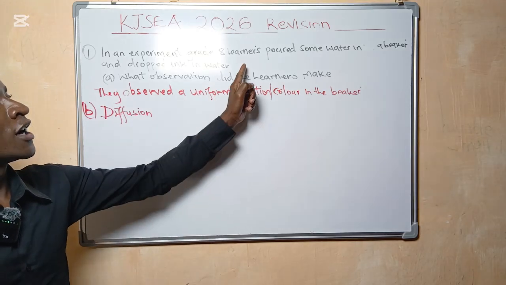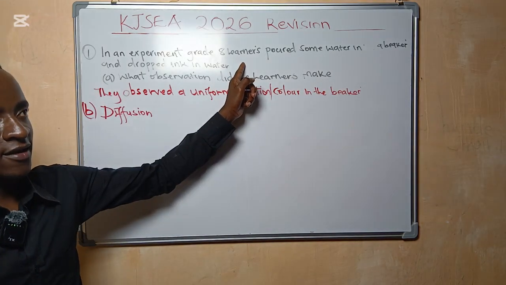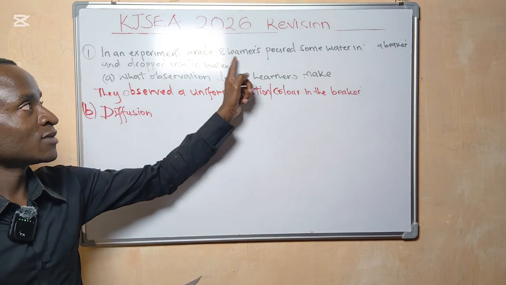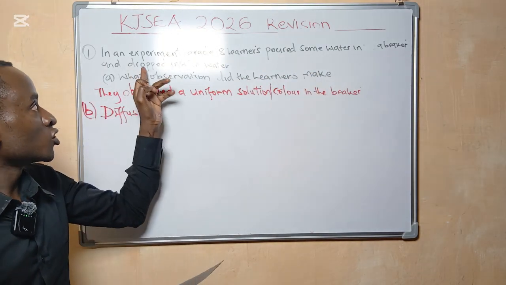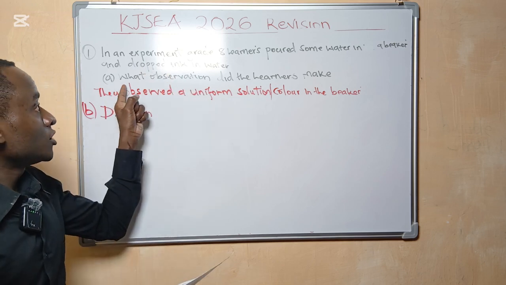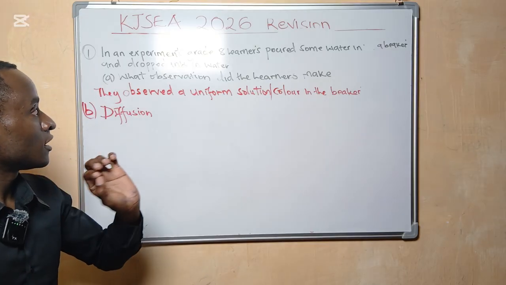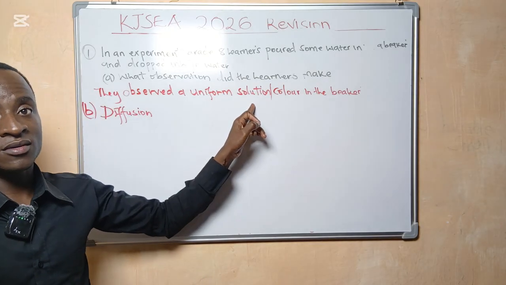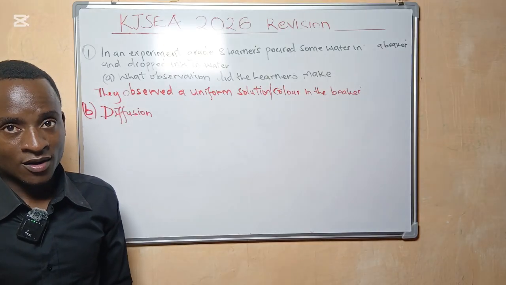Now, when we come back to the first statement here, they first poured some water in a beaker. Then they dropped some ink in that water. Then you come to our observation. These learners were able to observe a uniform solution, or a uniform color in the beaker.